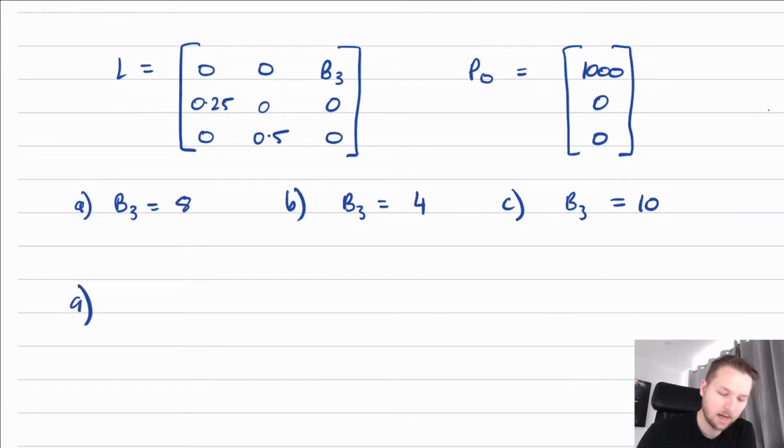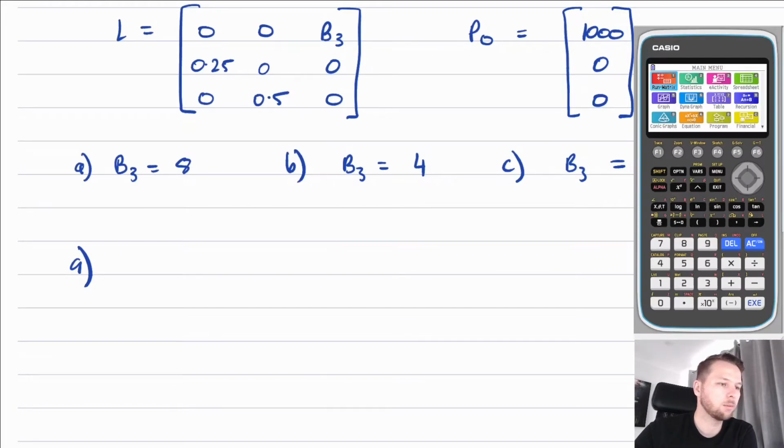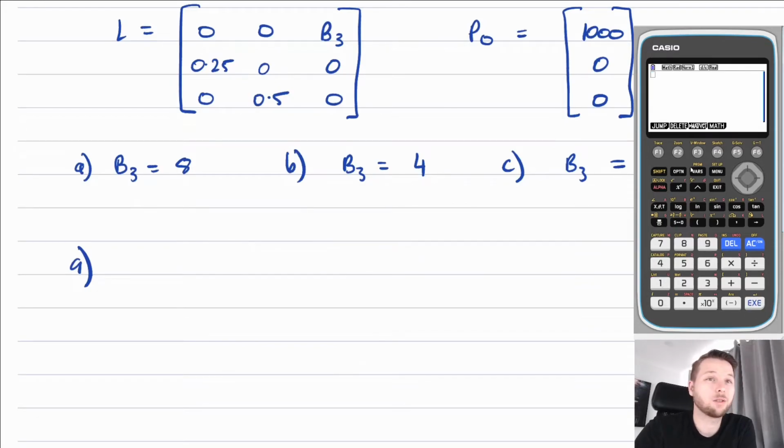Okay, so for A, you have to use our calculator here. We need to store these matrices in our calculator. So on the home screen, in run matrix, press exit. So we're back on the main options here. We're going to press F3 for matrix.